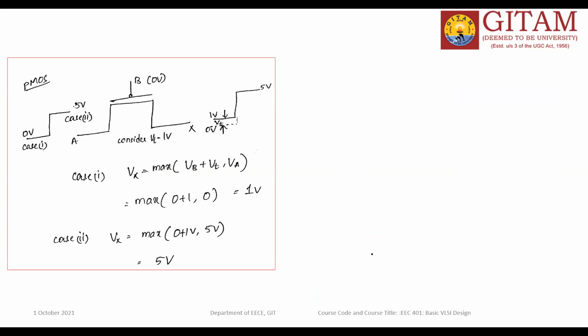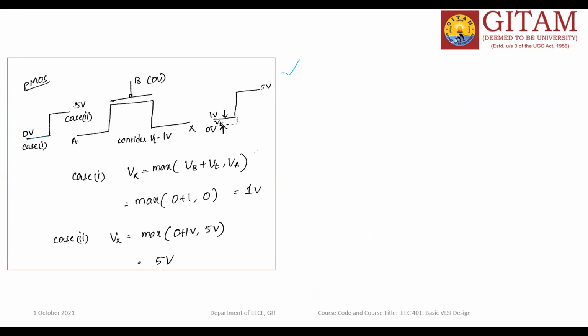Let us take one example about pass transistor logic. Take this first example. This is my PMOS pass transistor, or P-pass transistor. Here, this is the signal I am applying.